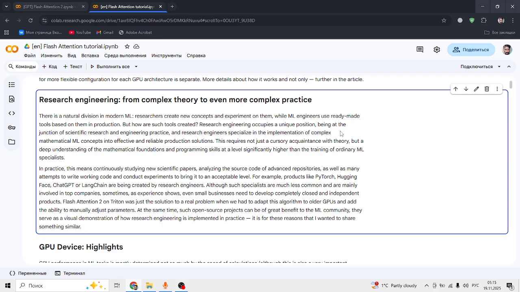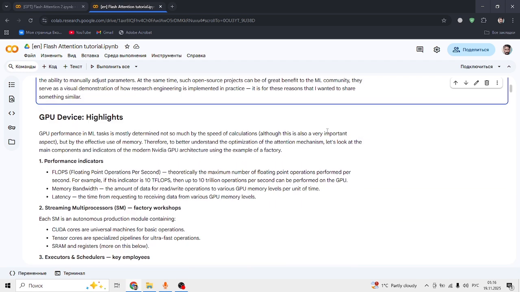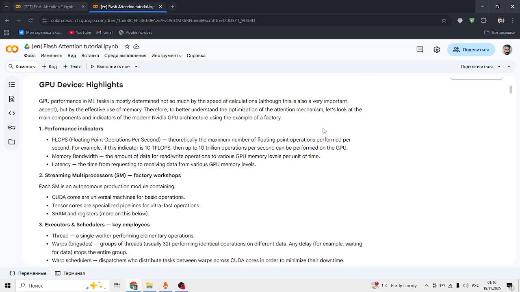There were also some additional reasons why I needed to create this. It was a real project to accelerate LLM, but now I want to start with the GPU, what it is, and why we need to know the main components.